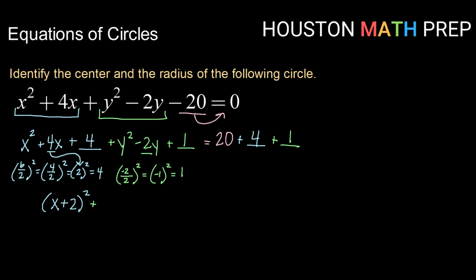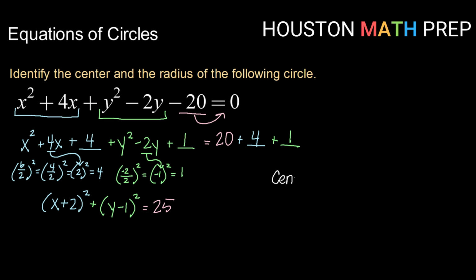Doing the same idea for my y's, y squared minus 2y plus 1 is going to factor to y minus 1 squared. And then for my right-hand side, I'm simply going to add up my constants. 20 plus 4 plus 1 makes 25. So now the equation of my circle is in graphing form.